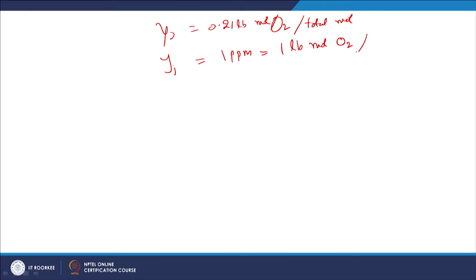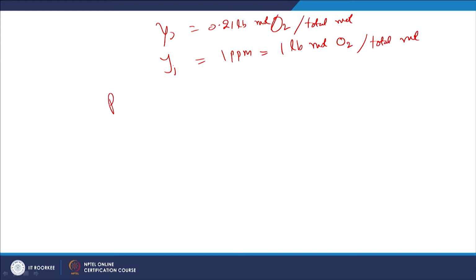Here Y naught is equal to 0.21 pound mole O2 divided by total mole. Yj is equal to 1 ppm, which is 1 pound mole O2 divided by total mole.